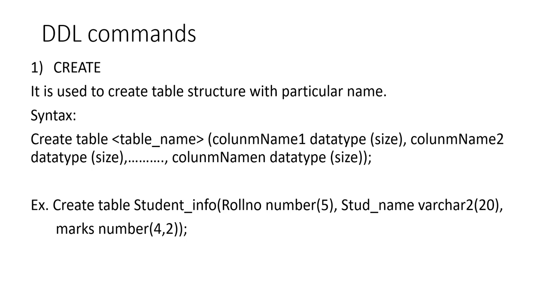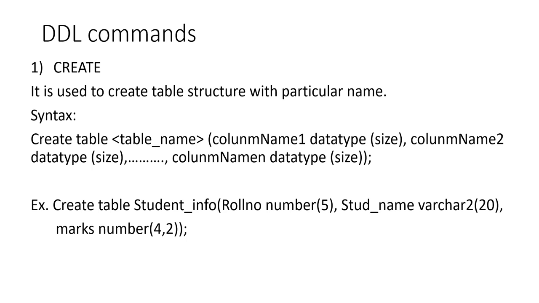We are going to store our data in the form of tables, in rows and columns. DDL commands are used to create the structure of a table, which means first we are going to create the columns of the table. Data definition language contains a total of 6 commands.